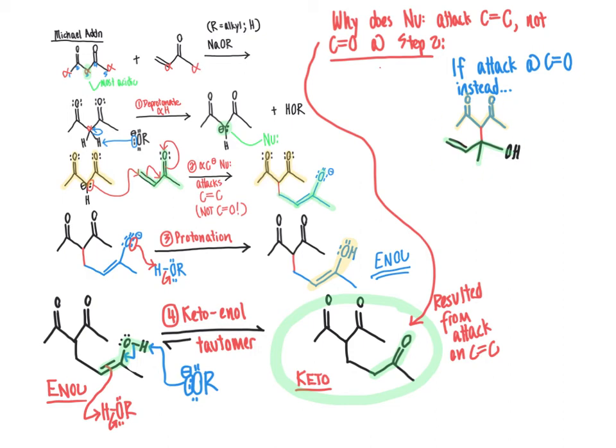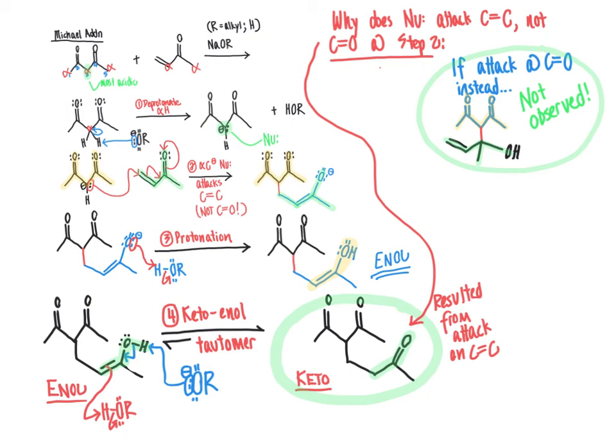So this would have been our alternative product. So this is the product that is not observed. And it's kind of curious as to why it's not observed, because we know that the carbonyl group here is electrophilic. So why isn't that the site where the attack occurs?